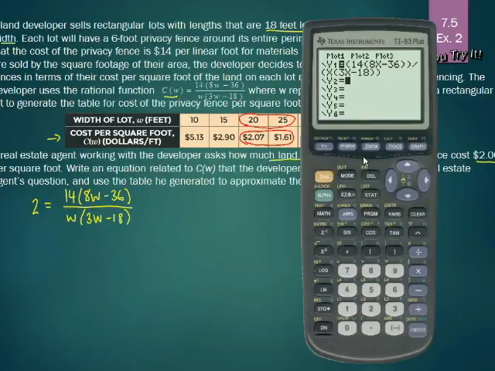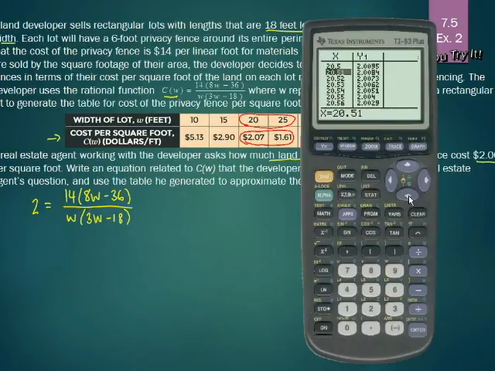Looking at our table, I did go ahead and change my table set when I press second window to start at 20.5, since I know it's going to be bigger than 20, and then I made it go by smaller decimals so that I could get a more exact answer. So I'm having it go by hundredths. Pressing second graph, we see that these are all very close to 2, and we're going to try to get as close to 2 as possible.